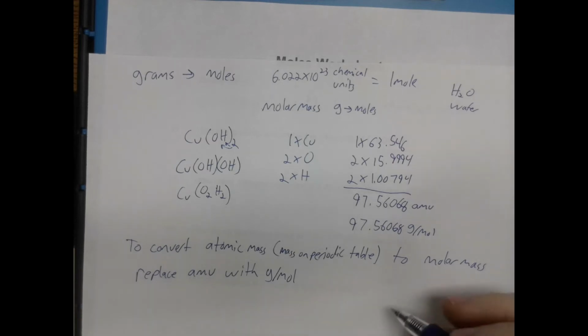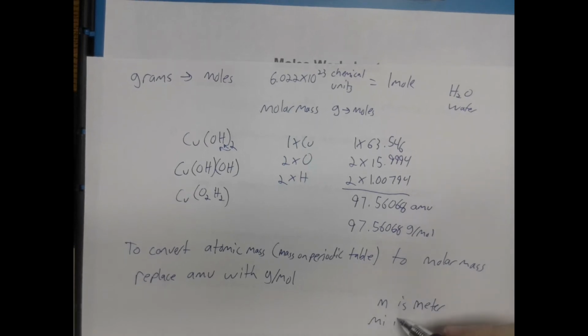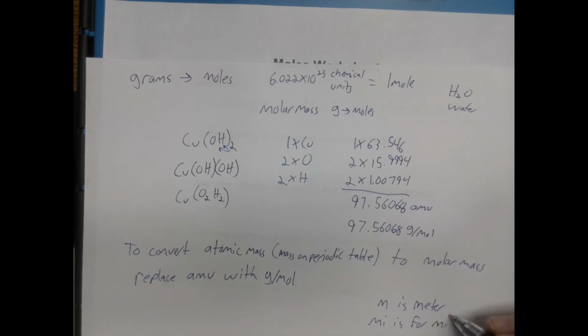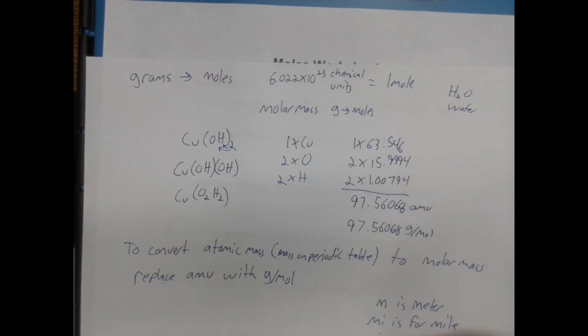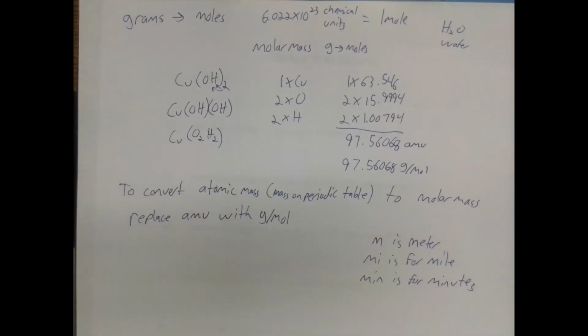I saw on y'all's homework, some of y'all left off the M, or y'all put M for mile. M is for meter. MI is for mile. MIN is for minute. If you see me abbreviate something, abbreviate it exactly how I abbreviate it.